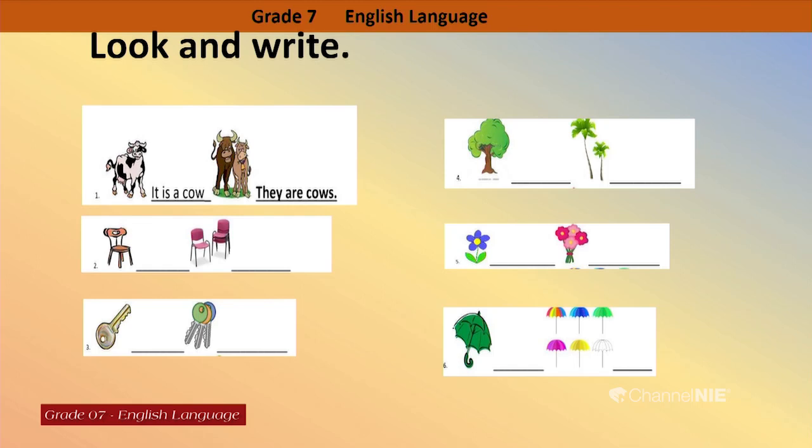You find a chair and two chairs. Then there's a key and a few keys. A big tree and tall trees. A flower and a bunch of flowers. An umbrella and 6 umbrellas are there.